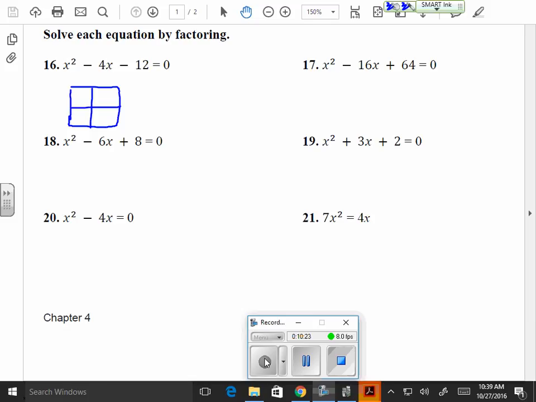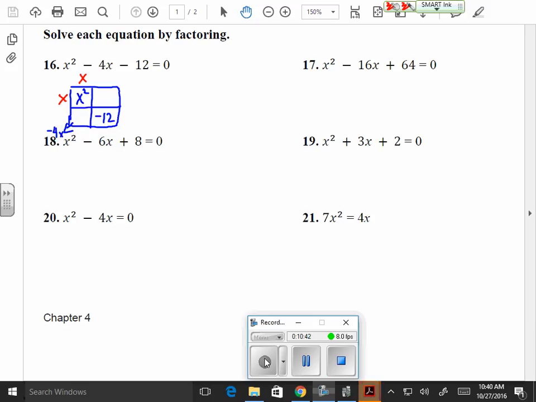and factor this. This will be the x squared, this will be the negative 12, and these two need to add up to negative 4x. To get x squared, it'll be x and x.